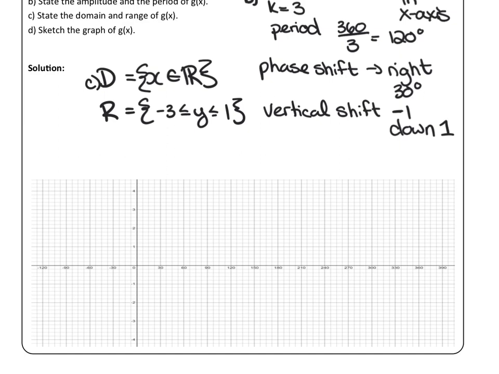Okay, so first thing I do is I figure out where my midline point is, and then where my absolute max is and my minimum is. And when I do it on a graph piece of paper, I draw my axis, but then I dot those lines in. So I'm going to know I'm going to be at -1. So this is my midpoint.